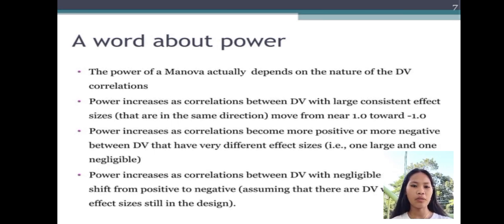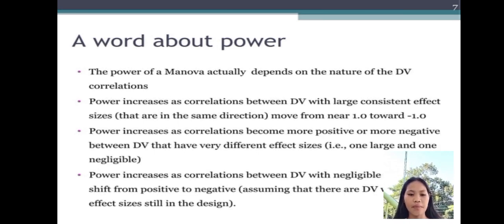A word about power. The power of a MANOVA actually depends on the nature of the dependent variable correlation. Power increases as the correlation between dependent variables with large, consistent effect sizes in the same direction moves from near 1 toward -1.